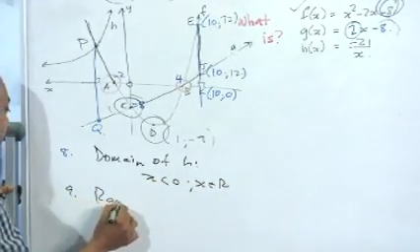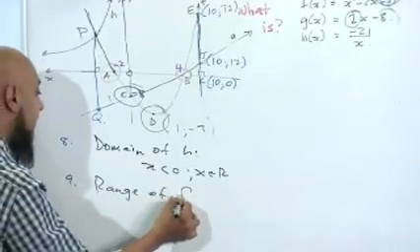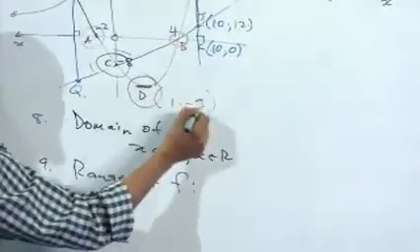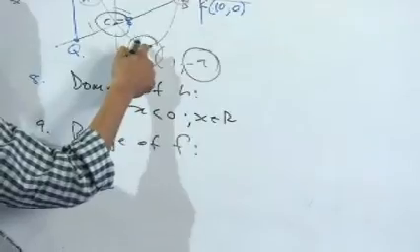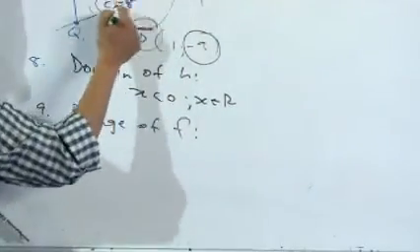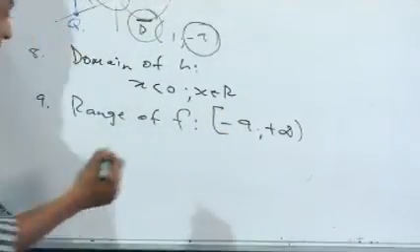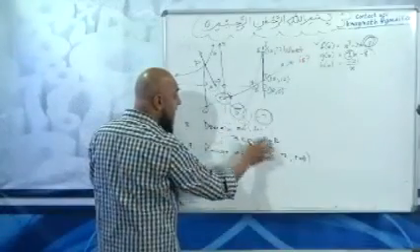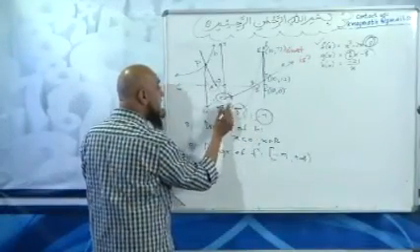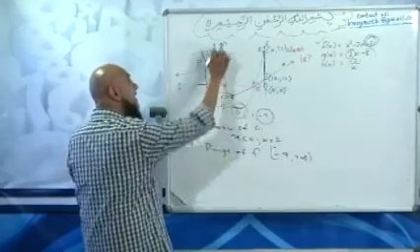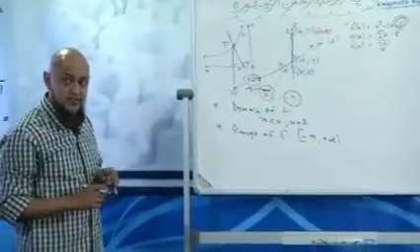They want the range of f. The lowest y value here is negative 9. It goes from negative 9 up to positive infinity, minus 9 included, so we put a square bracket because that's my lowest y value. It will be all y values from negative 9 up to positive infinity.